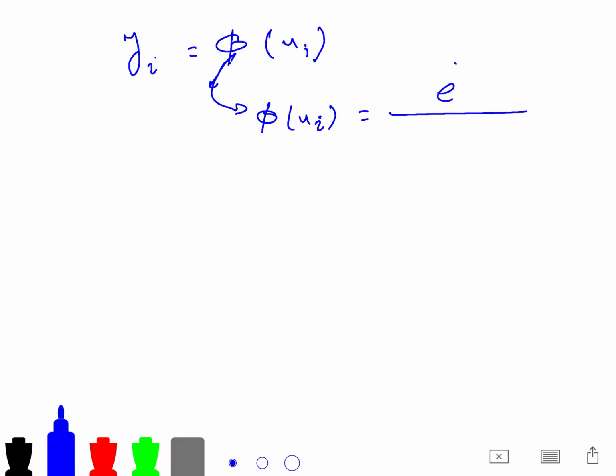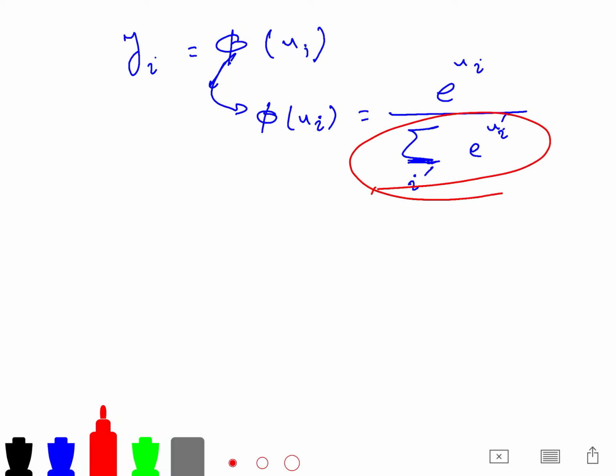And this function is just e to the UI, and the denominator is a challenge. It's really a challenge because it is a summation over the corpus, and your corpus could be huge. So that's why things like negative sampling and hierarchical softmax come into play, because the denominator is a challenge. How do you deal with that?